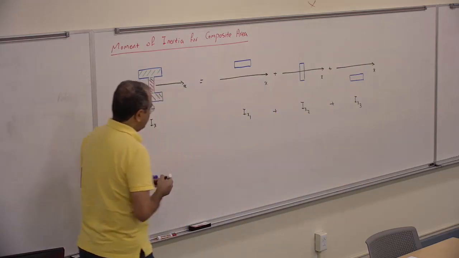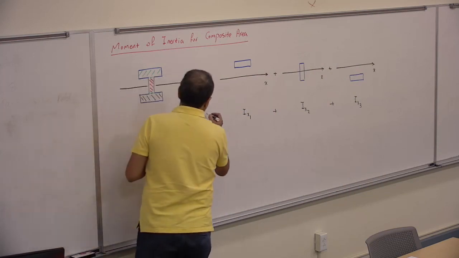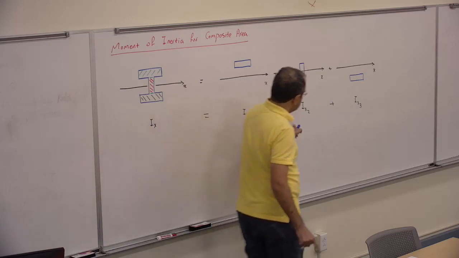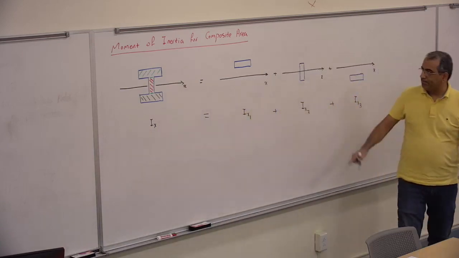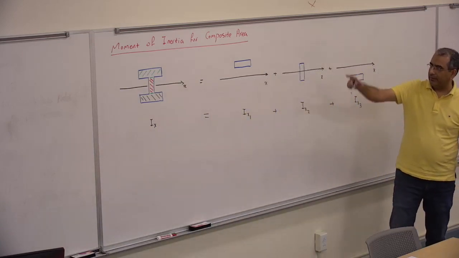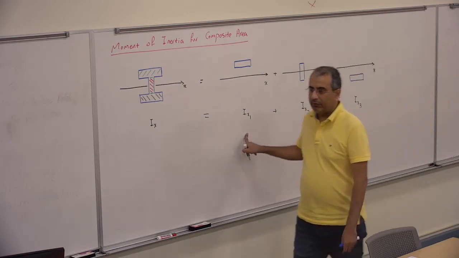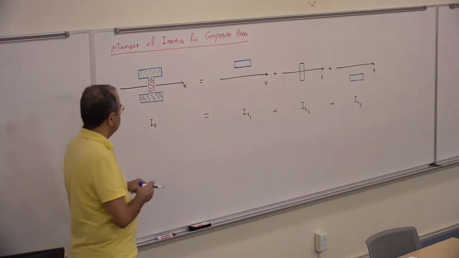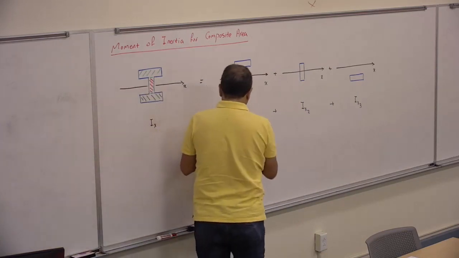So I have to calculate them, so it's going to be equal to that. If I calculate the Ix for these three, I would have that. For the very first one, the Ix for this one, I'm going to do it.